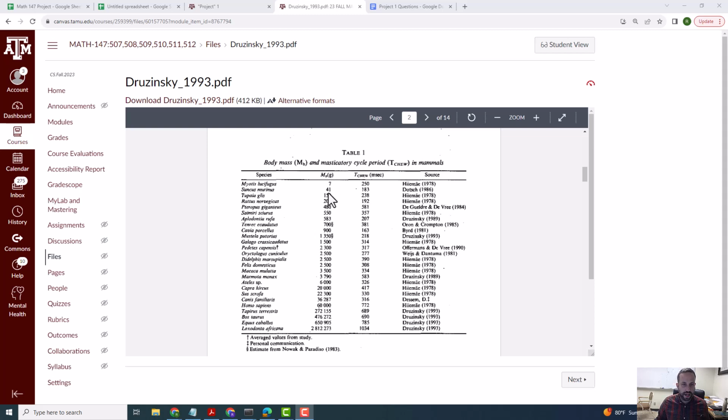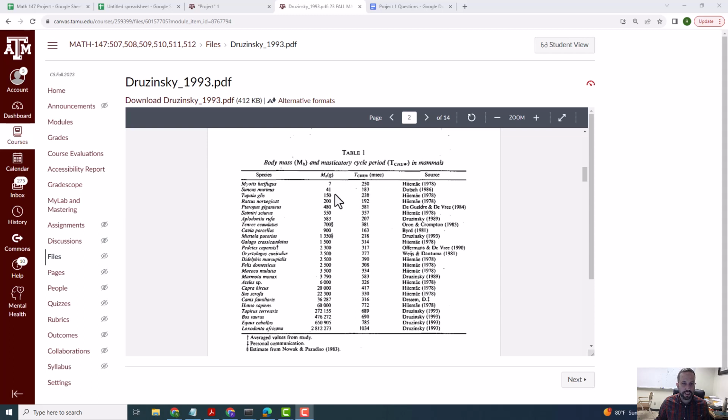This right here is the mass in grams of the animal being studied. A space means a comma, so 13 500 means 1,350 grams. And this right here, T chew, measured in milliseconds, is the period of the chewing.